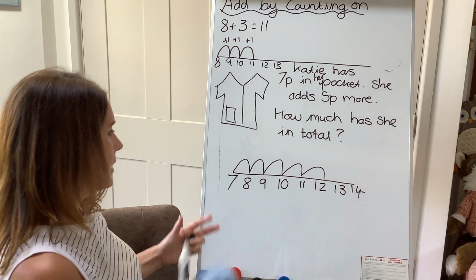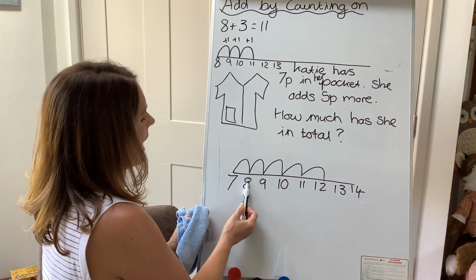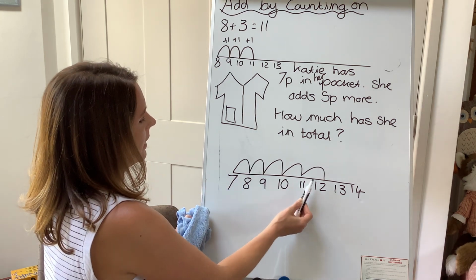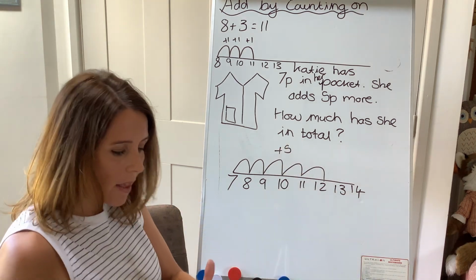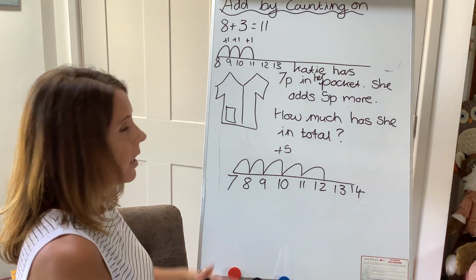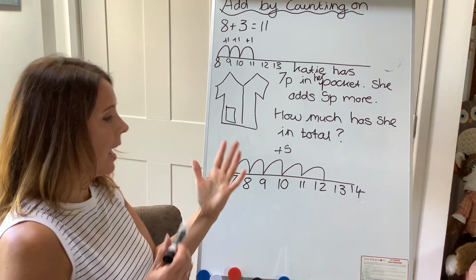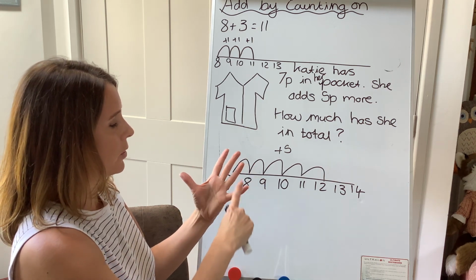But what you would need to do in this way is count from 7: 7, 8, 9, 10, 11, 12. So we know we've added on 5 more. That's why it's really useful to use your fingers as well for these things. If you've got 7, you put 7 in your head and count on 8, 9, 10, 11, 12.